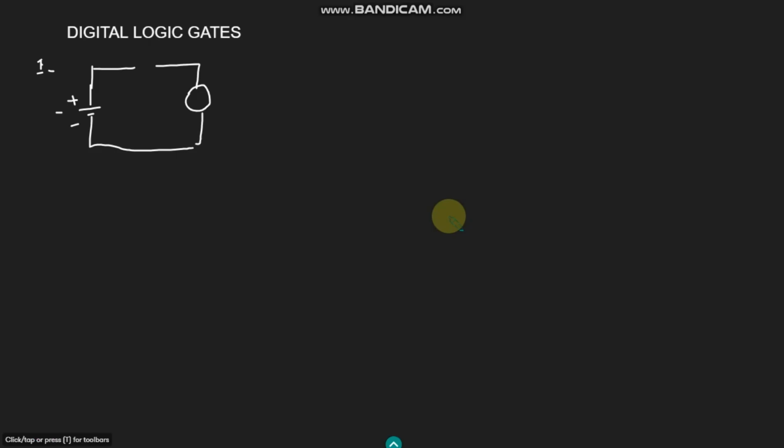We will have a switch here, and when this switch is closed, the current will flow and this light bulb will glow.